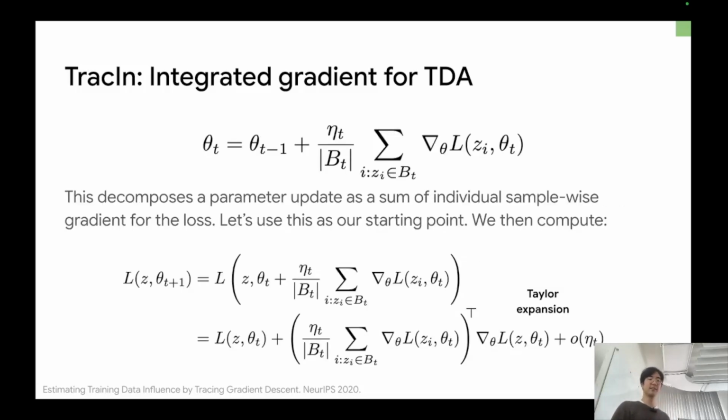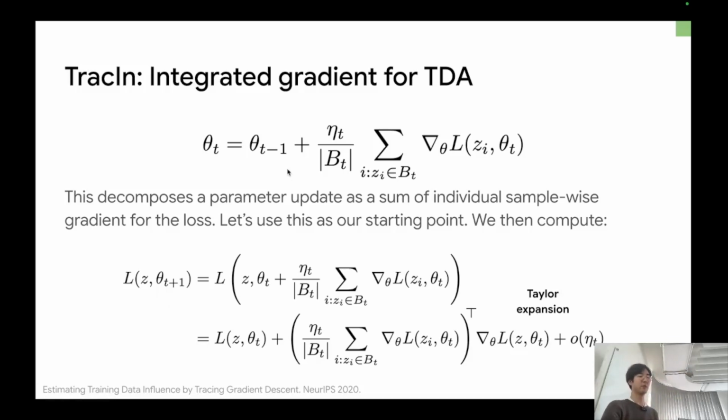So let's take a look at this decomposition. Actually, this looks like a decomposition of the parameter update into individual contributions of each training point, right? But that's not the end of the story, because eventually what we need to do is decompose the difference in loss between before and after this iteration into individual training points.